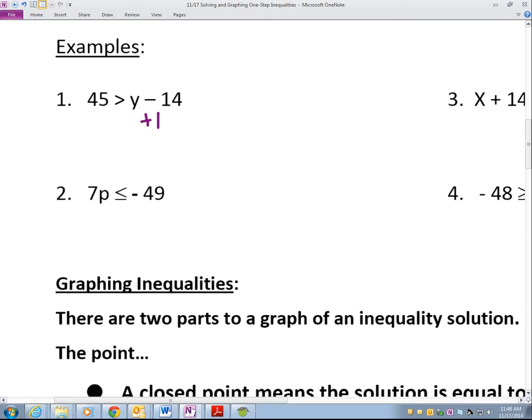Add 14 to both sides because of the addition property of equality. You have to do it on both sides of the equality or inequality sign. So we now have 59 is greater than y, and that's all we need to do with that. That's just a one step.